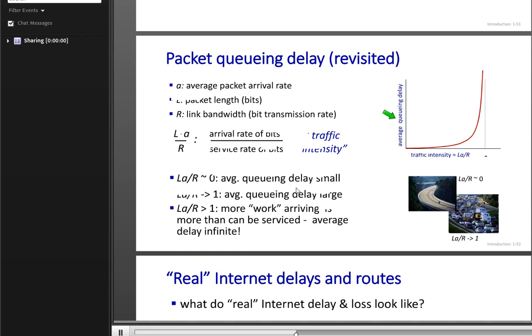When I signed the contract, I said that, for example, I need a link with a 1 megabit per second transmission rate. It means that I'm not allowed to send, for example, 1.5 or 2 megabit per second traffic.